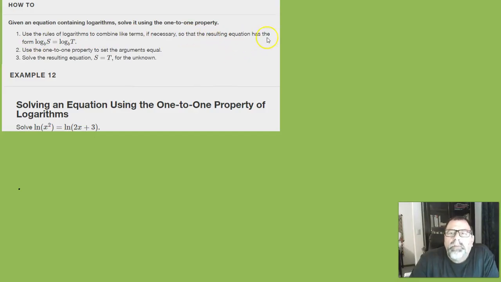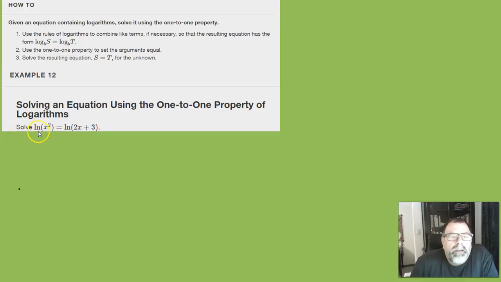So the resulting equation has the form, again, you want 1 log equals 1 log expression on both sides with the same base. That's the way I think of it. Okay, then you're going to invoke this one-to-one property of logarithms, so then the input values have to be the same. So s has to equal t, and then you solve that resulting equation.